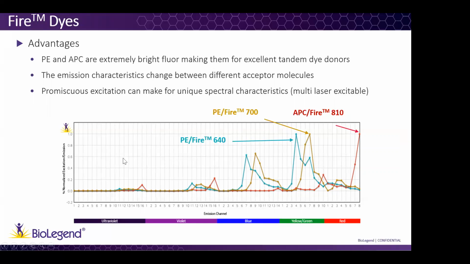They have a different signature in a full spectrum instrument because the acceptor molecule is causing a little shift in the spectrum, and also because they are excited by multiple lasers, all of them have really unique spectral characteristics. So that allows us to mix multiple different tandems in the same panel.